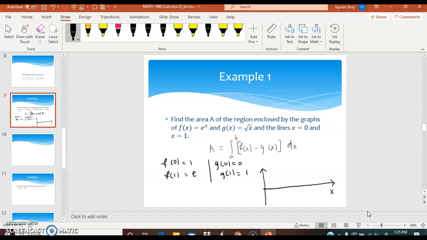At 0, function f of x is going to be 1, and the other function at 0 is going to be 0. So the other function is going to look like that. This is the area that we want to determine.